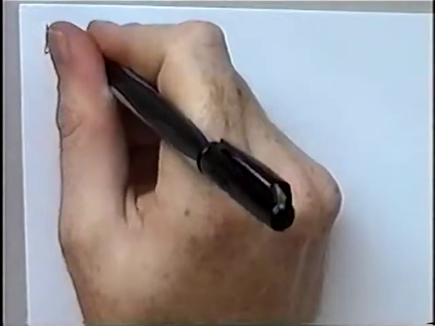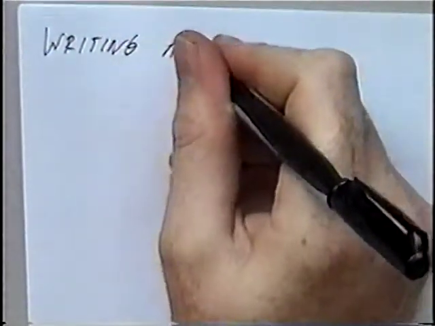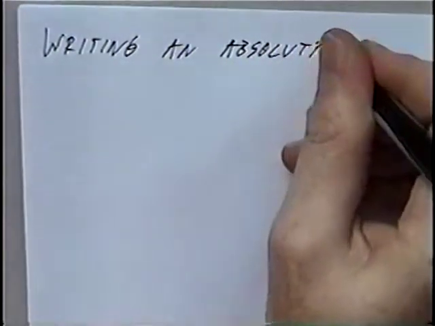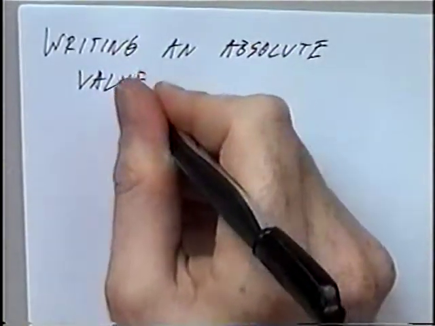Title of the last section today is Writing an Absolute Value Inequality.